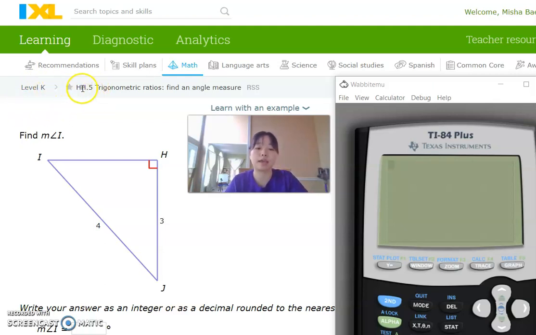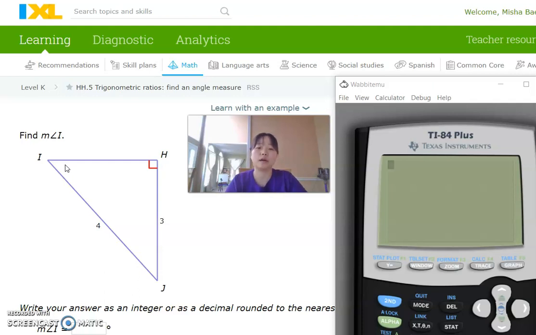This is KHH5, finding an angle measure. Write your answer as an integer, rounded, what's I? Do you see my arrow at I? That's my smiley face. What's 3 from I? Opposite. What's 4? Hypotenuse. Opposite hypotenuse is sine.